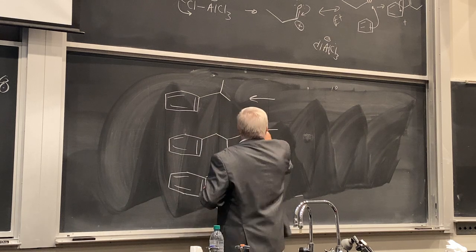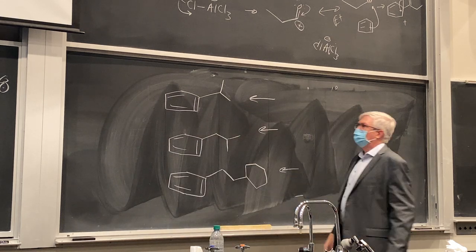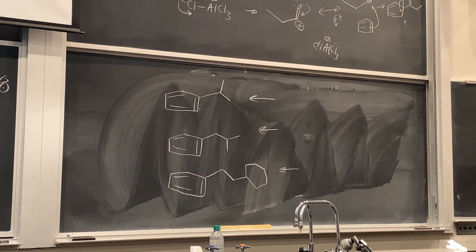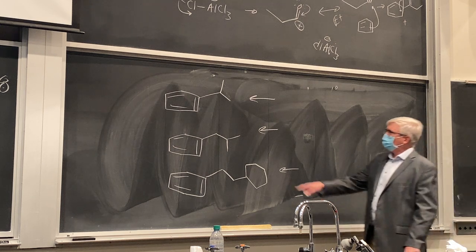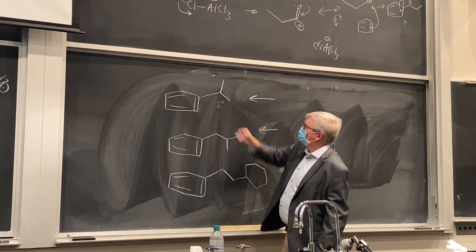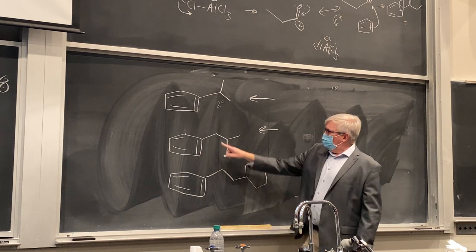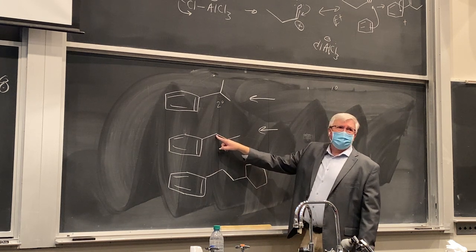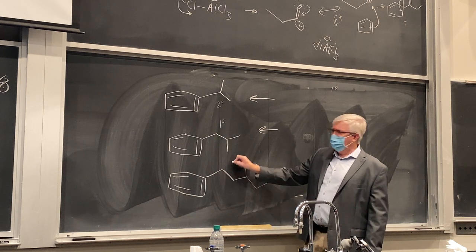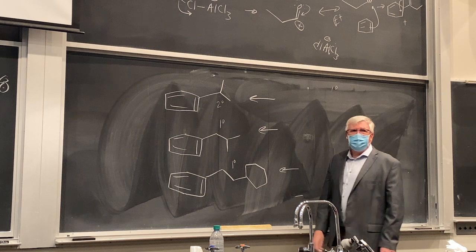Using any reagents you need. Friedel-Crafts alkylation, Friedel-Crafts acylation, followed by the reduction of the ketone, or what? First thing to analyze is what's the position here with an isopropyl group? It's secondary, right? What's the nature of the carbon directly attached on this one? It's primary, right? How about here? Yeah, primary again.